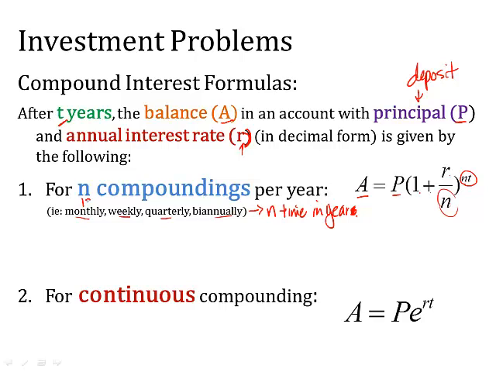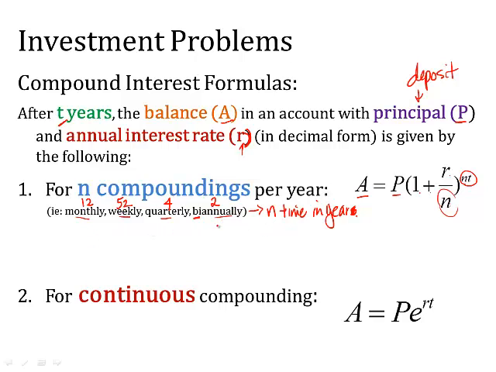Well, there's 12 months in a year, so n would be 12. If it's weekly, there's 52 weeks in a year. Quarterly, just like 4 quarters in a dollar, there's 4 quarters to a year, so n would be 4. Biannually means twice a year. That prefix bi means 2, so 2 times a year.